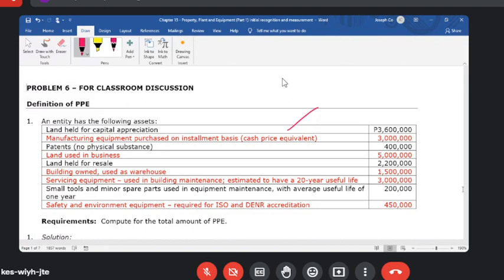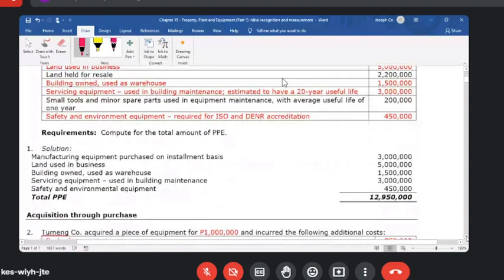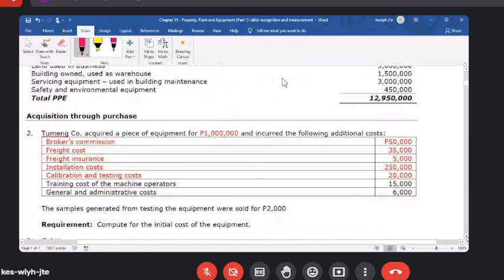Service equipment used in building maintenance estimated to have a 20-year useful life, yes. Small tools and minor spare parts used in equipment maintenance, no. Safety and environment equipment required by ISO and DENR accreditation, yes. Answer is 12,950,000.